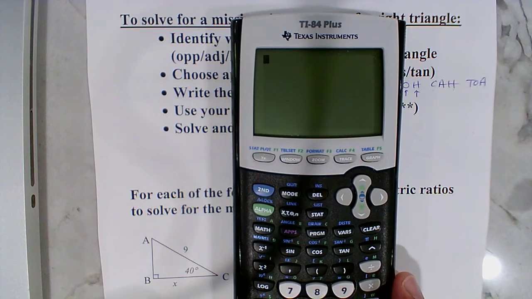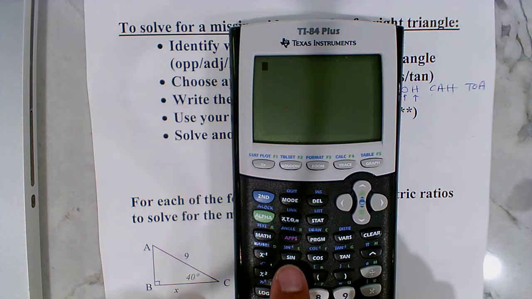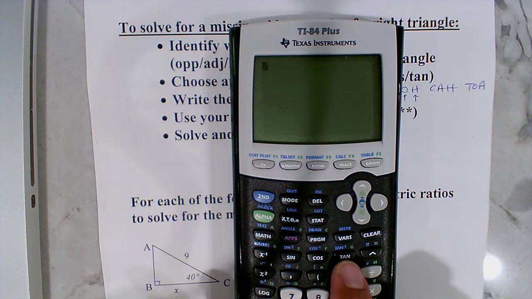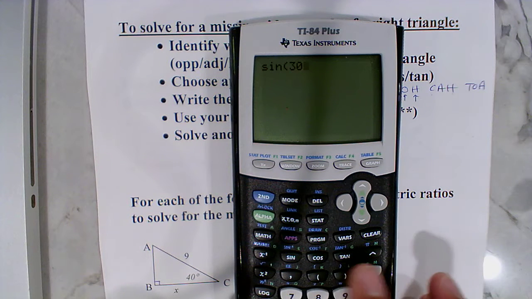And then the easiest way to check it is just to always remember what the sine is. Here's your sine button, sine, cosine, tangent, in the middle of your calculator. Sine of 30 degrees should always equal 0.5, and it does.